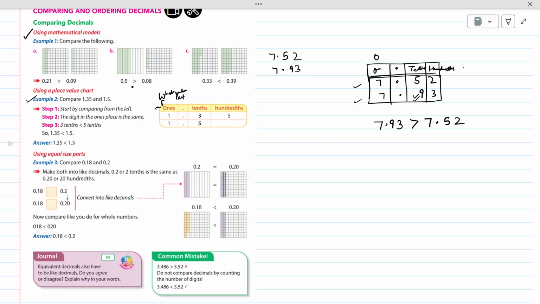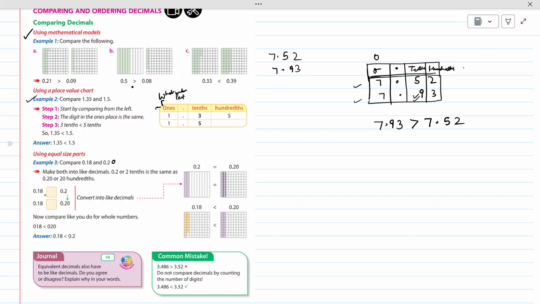Next, the third method is using equal size parts. Here they have taken two numbers, 0.18 and 0.12. What they have done is make both of them like decimals first. We have 0.18, and if we want to make it a like decimal, it will be 0.20.